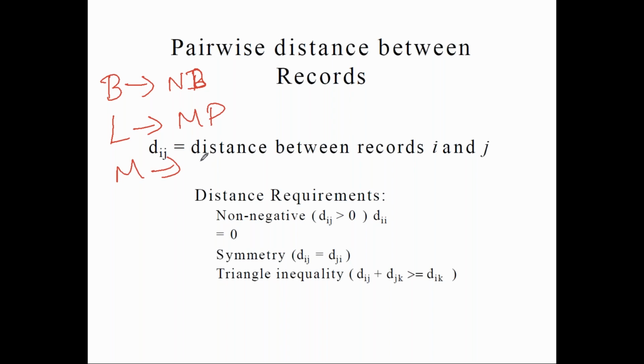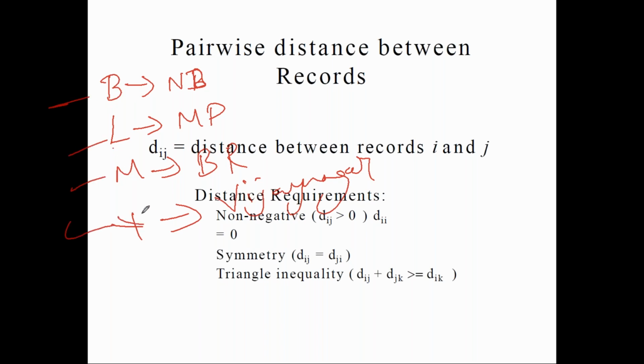Bannerghatta Road. And I stay at Vijayanagar, for example. So these are your data records, four records: Bharat, Lahari, Mega, and myself, Yogesh. This is our place.